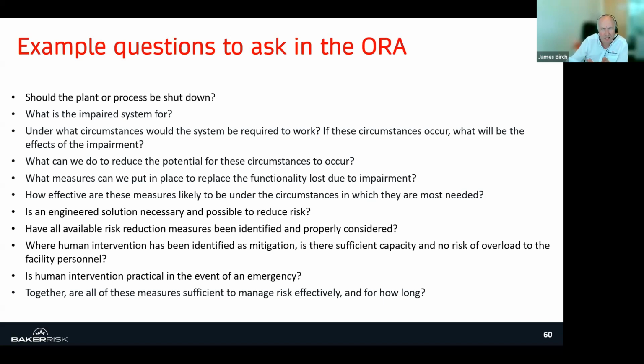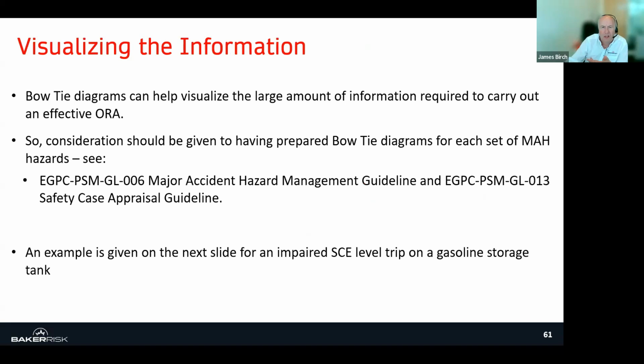And again, I'm going to come back to the fact of how do you assimilate all that information? One of the most effective ways of doing that is a bow tie diagram. And what I would particularly direct you to is that the EGPC standards very wisely recognize this.